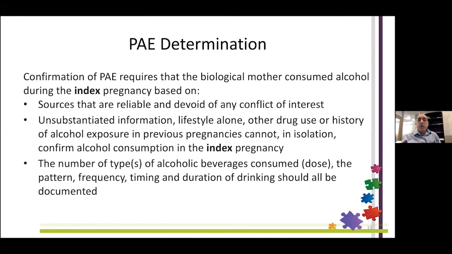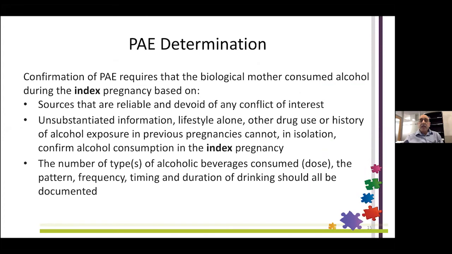So when we're looking at PAE determination, which Coleen addressed, we want to make sure that we are looking at the index pregnancy. We also want to look at the sources that we've accessed to confirm this are reliable and devoid of any conflict of interest.